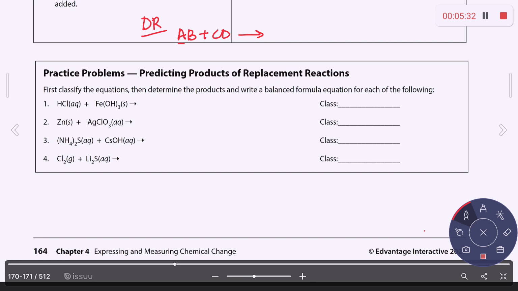The cations trade places, and you're going to form 2 new compounds. So that's your generic double replacement reaction, okay? So based upon that, do any of 1 through 4 look like a possible double replacement reaction?